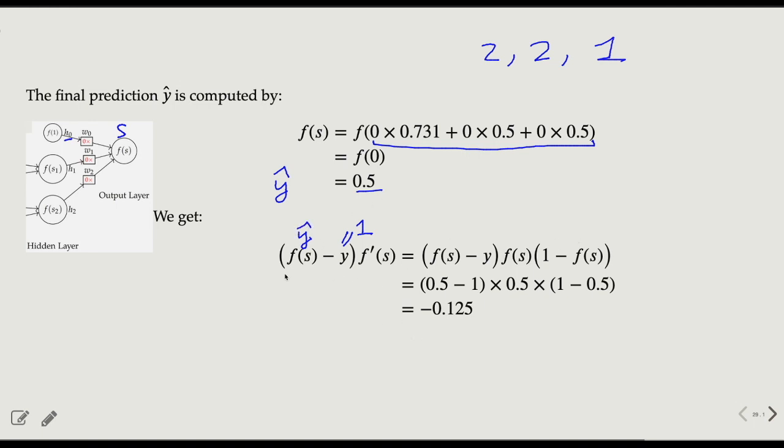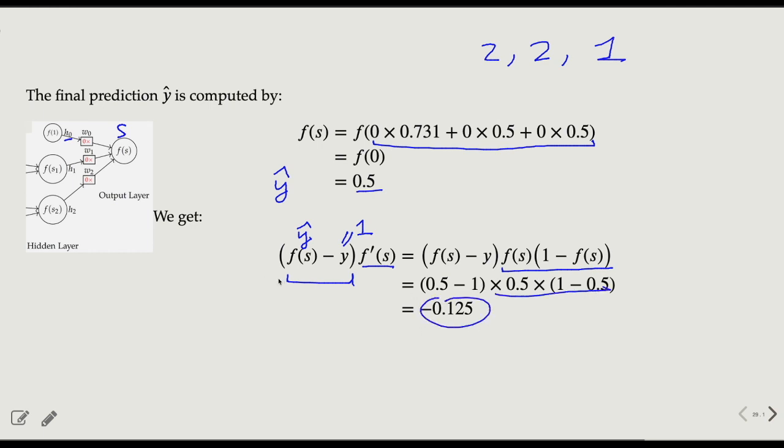And so we can compute the error times f prime. We can compute the difference of the predicted value and the actual value times the derivative of f(s), which turns out to be f(s) times 1 minus f(s). So we can compute the values here.